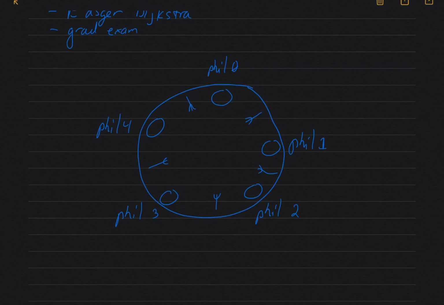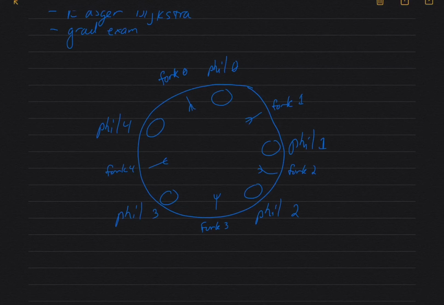And I'm going to number these forks. So I guess I'm going to start to the left of philosopher 0, and that will be fork 0. And then going clockwise, fork 1, fork 2, fork 3, fork 4, and we've got fork 0.